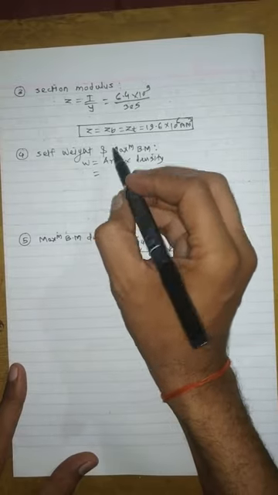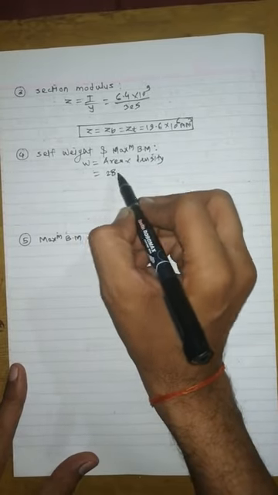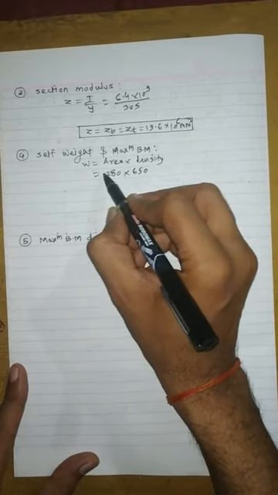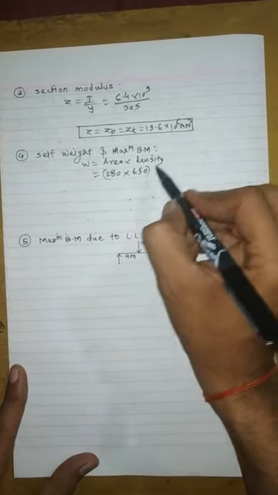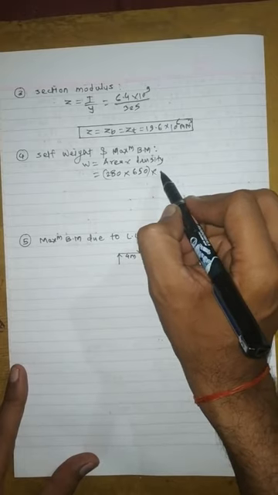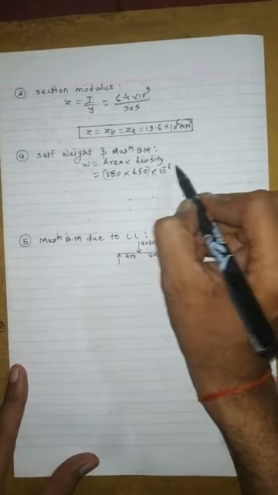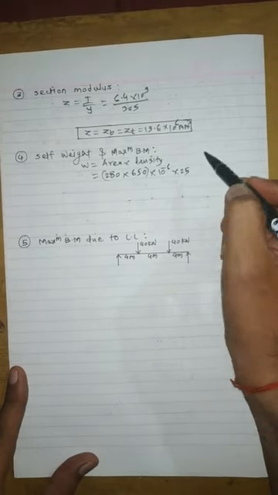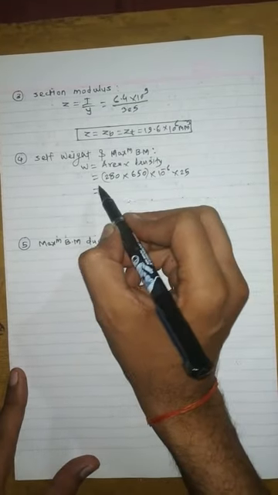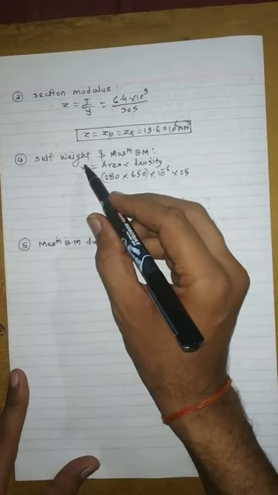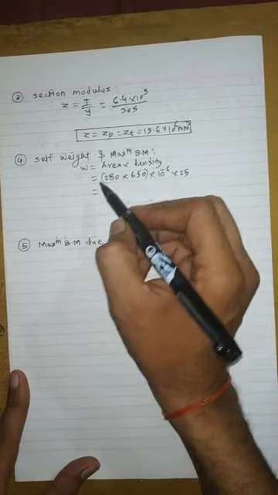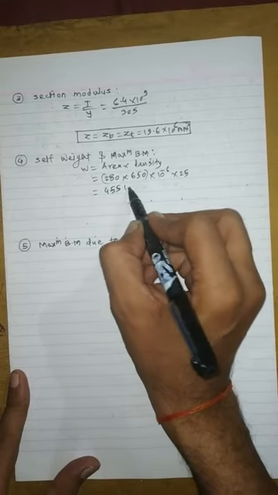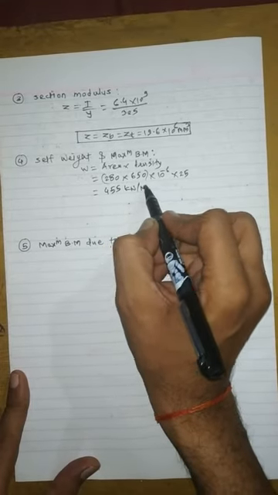Area is cross section, B equal to 280 and D equal to 650. Here density is in kilonewton per meter cube, so convert this term into meter cube: multiply by 10 to the power minus 6 and multiply by the specific weight given in the problem, 25 kilonewton per meter cube. After calculation, value of self weight is 4.55 kilonewton per meter.